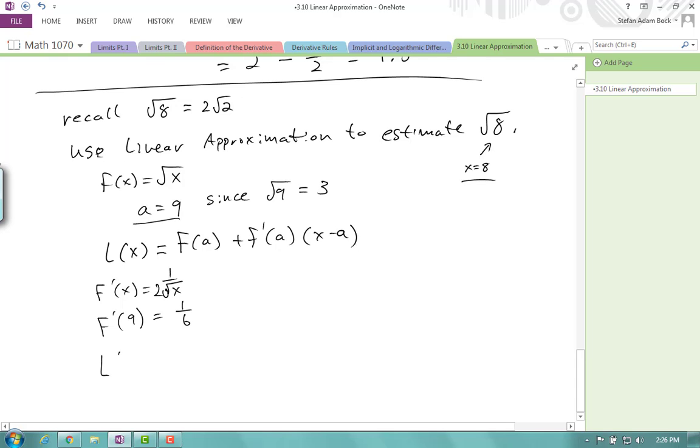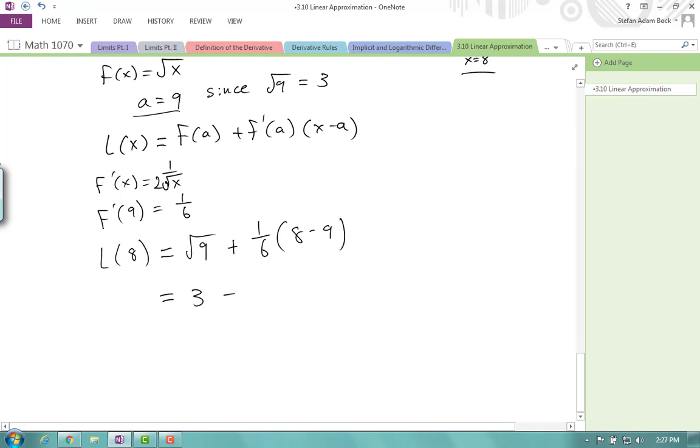So L of 8 will be equal to f of 9. Let's go ahead and use the square root of 9 plus f prime of 9, which we found is 1 over 6, times 8 minus 9. And what do I get out of that?